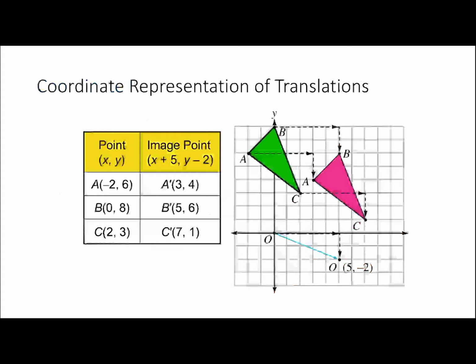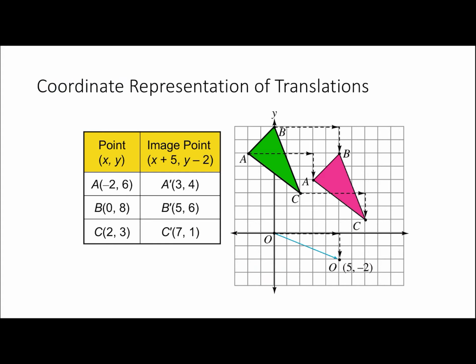So look at this. When we talk about these translations, if you think about sliding the original to its image, you can think about taking each vertex of your figure, whatever that figure may be, if it's a triangle or a square or whatever it is. You could slide it and think about, okay, how much does each vertex move?